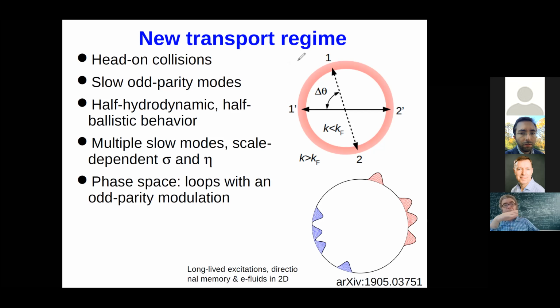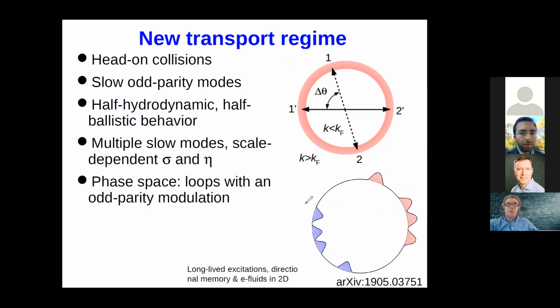And so the behavior is, you can say, intermediate between hydrodynamic and ballistic, or if you translate it into response functions, you can understand it as a fluid with scale-dependent conductivity and scale-dependent viscosity, and you describe that by using, your phase space now is a Fermi surface, which is distorted, but the distortion is an odd-parity kind of distortion.